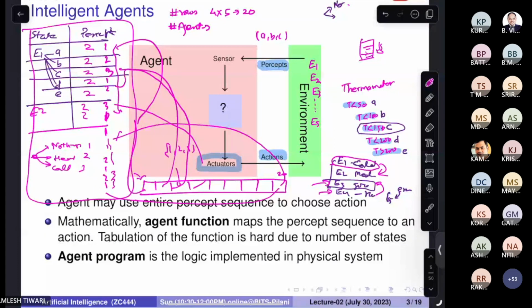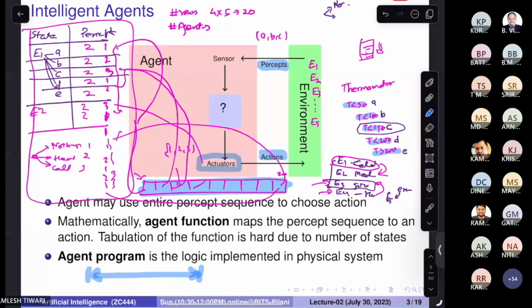The number of vectors that I can create. How many vectors can I create? For every vector, I have a function. Am I right or not? For every such vector, if I create any 20-dimensional vector, I can just map it into my table, and then my agent is up.